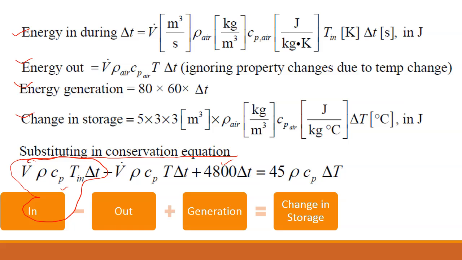This is the generation, and this is the change in storage. So over time delta T, this much came in, this much left, and this much got generated. That led to a change of temperature, or change in energy storage, given by this term.